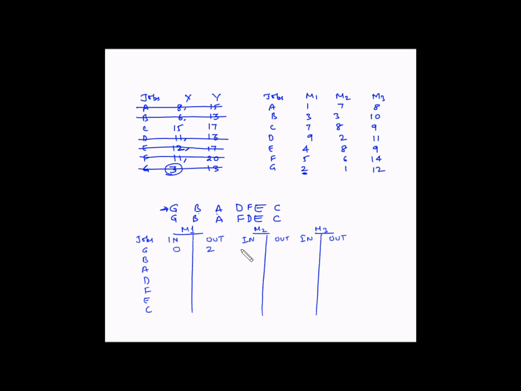Then on machine M2 it starts at the 2nd hour, takes 1 hour, so it will be out on the 3rd hour. On machine M3 we start processing job G at the 3rd hour, and it takes 12 hours. So 3 plus 12, that is 15, so it will be out at the 15th hour.